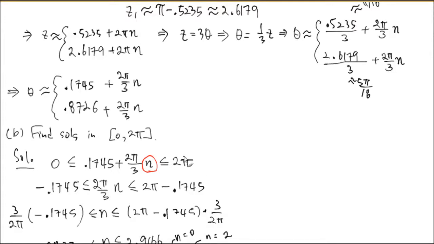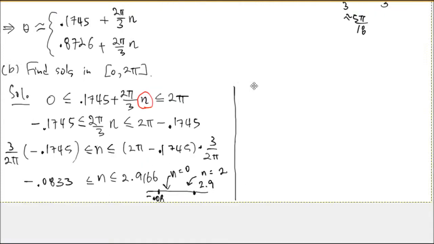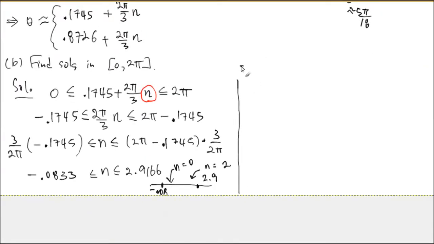And we're going to repeat this for the second one again, right? So I'm going to make an exercise I want you to practice. All right. So here's your exercise. So n equals 0, 1 and 2 for the first one, right? I hope you know what I mean by that first one. That was the first line, 0.1745.